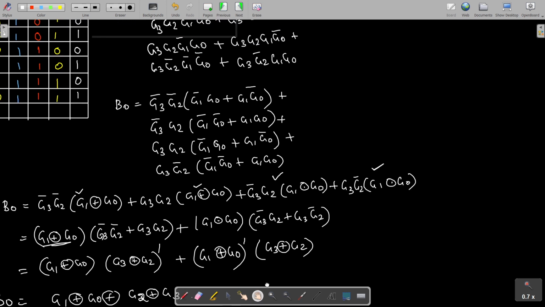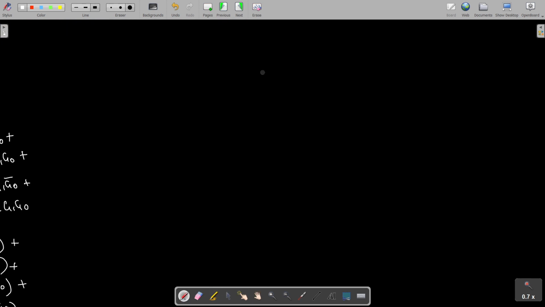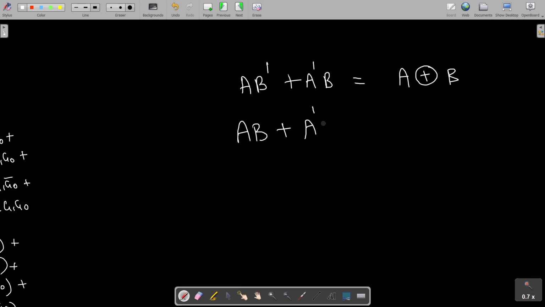So what is the fundamental thing you should know here about the exclusive OR function? A B bar plus A bar B can be written as A exclusive OR B. Similarly, AB plus A bar B bar can be written as A exclusive NOR with B. These two things you should know.